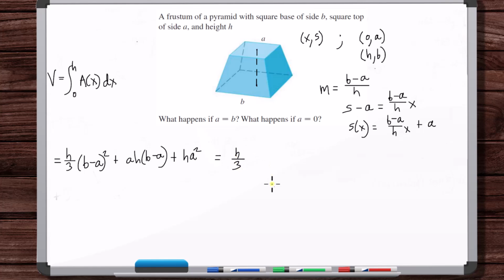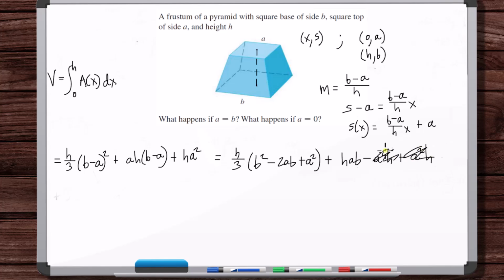All right, so let's simplify this a bit more. We've got h over 3 times (b squared minus 2ab plus a squared), plus hab minus a squared h plus a squared h.